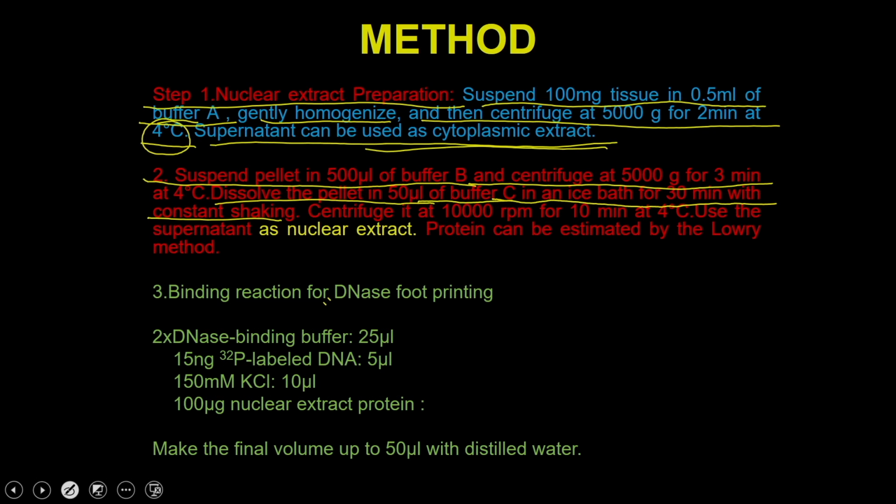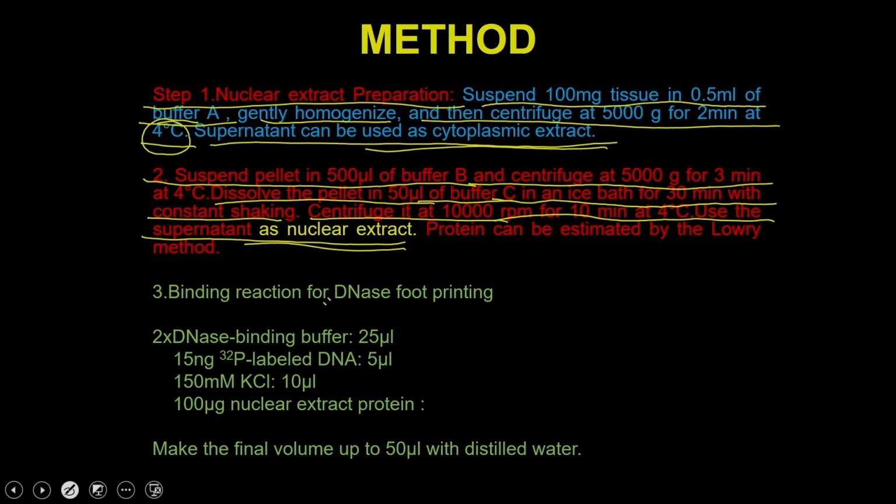Once you centrifuge at 10,000 rpm, you get the supernatant as well as the pellet, and that supernatant is known as the nuclear extract. You can estimate the amount of protein with the help of Lowry as well as Bradford, and that can be used as a basis to see how much activity you have.